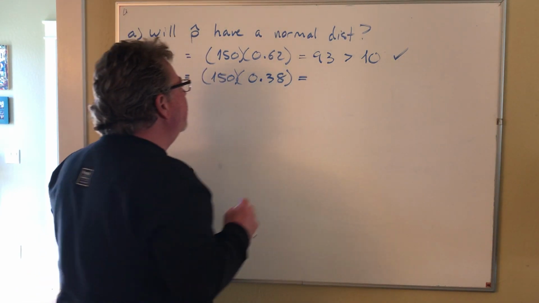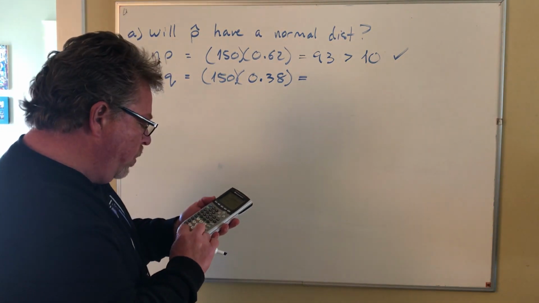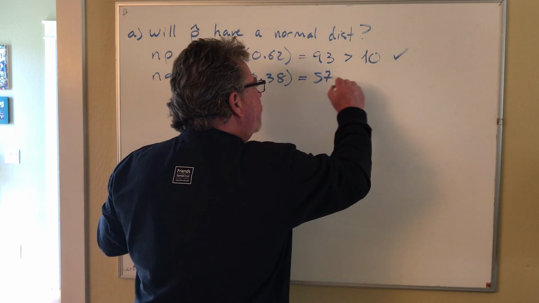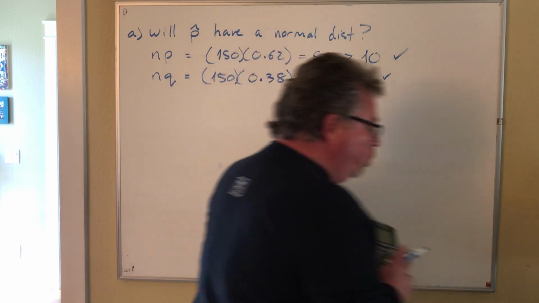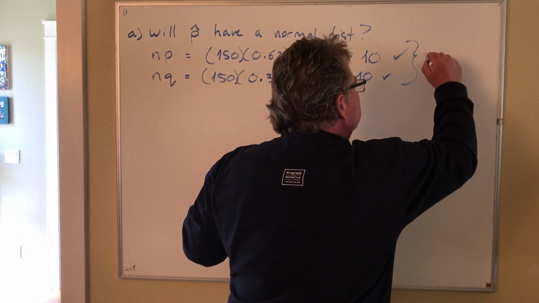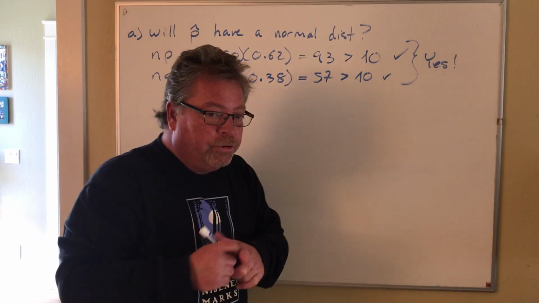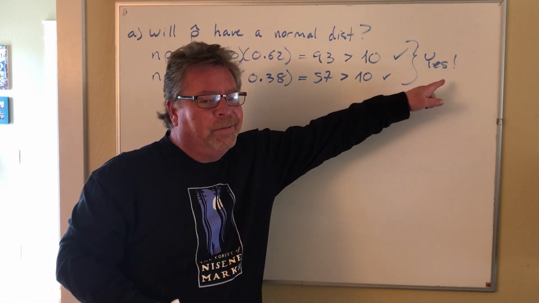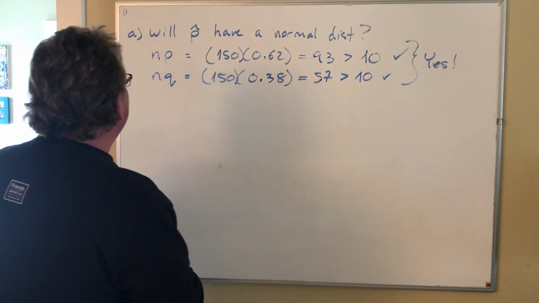Let's run this calculation. 150 times 0.38, I get 57. And that is also greater than 10. So everything's cool there. Yes, we will have a normal distribution. Which is good, because if we have a normal distribution, then there's work that we can do. If the answer here comes out to be no, we can't really do too much with it. We'll talk about that later.